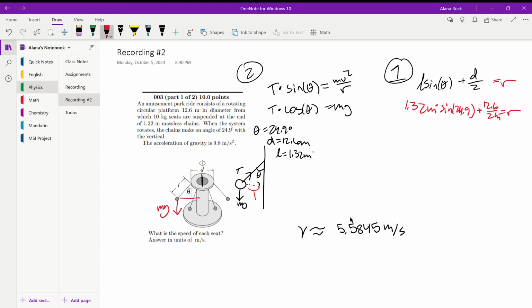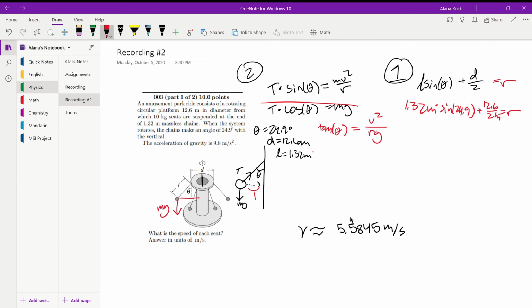And even though we don't know tension, we can still use these equations by just dividing this by that. So then we get tangent of theta equals v squared over rg.